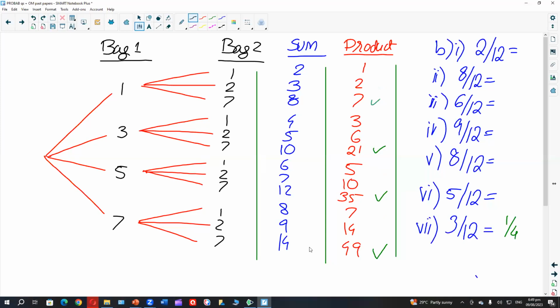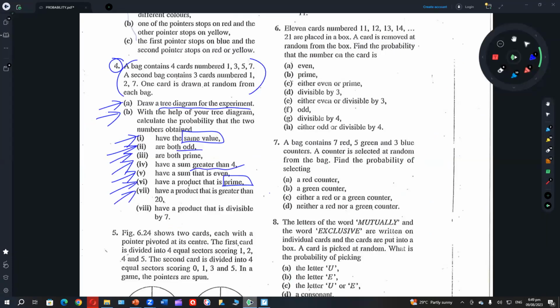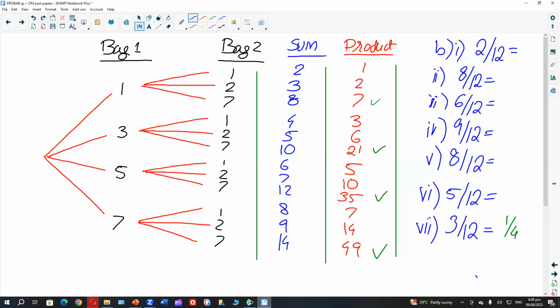First, we need part 7. Have a product that is greater than 20. Yes. You're right. Because 7 is not greater than 20. You're right. I have to correct it.